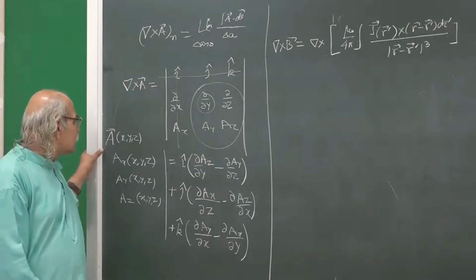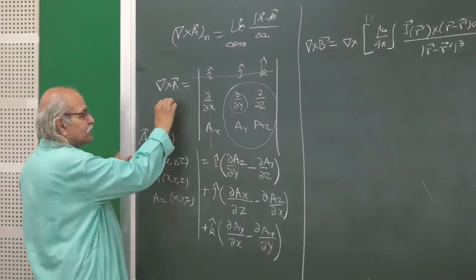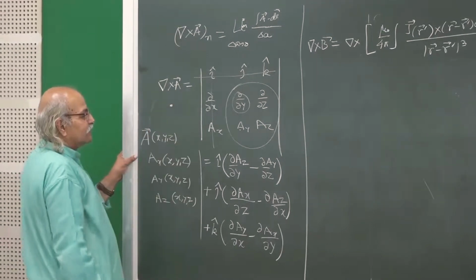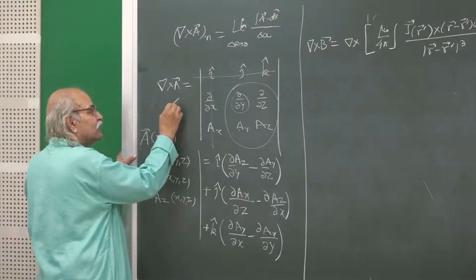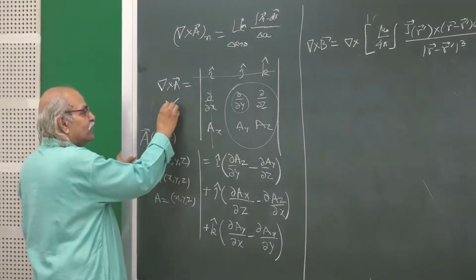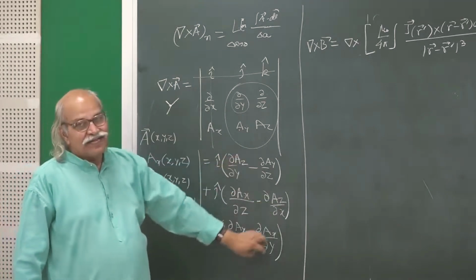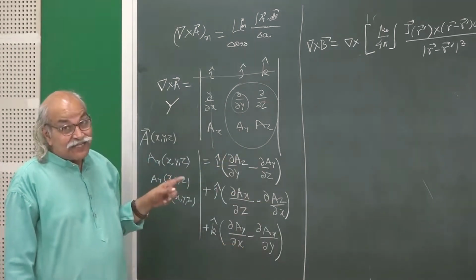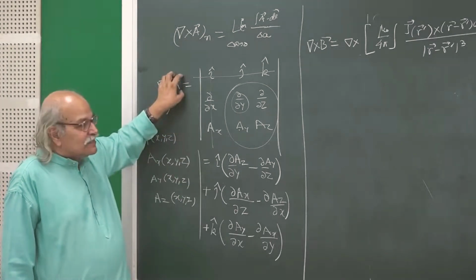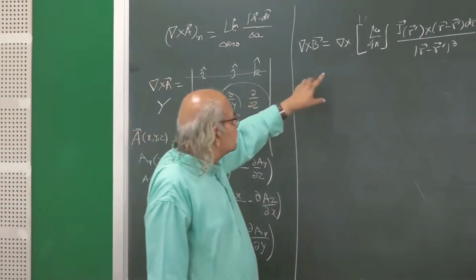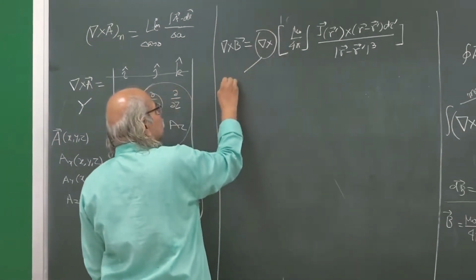I know if I go a little bit in x direction, a little bit in y direction, a little bit in z direction, what is happening? So, that is this differentiation. What is changing? The field point where this A is calculated.